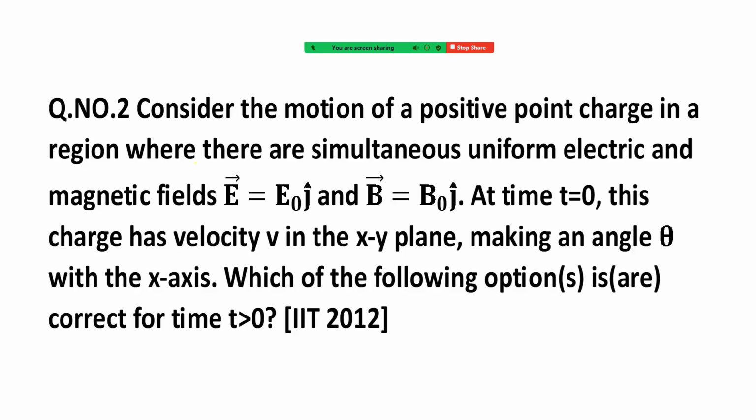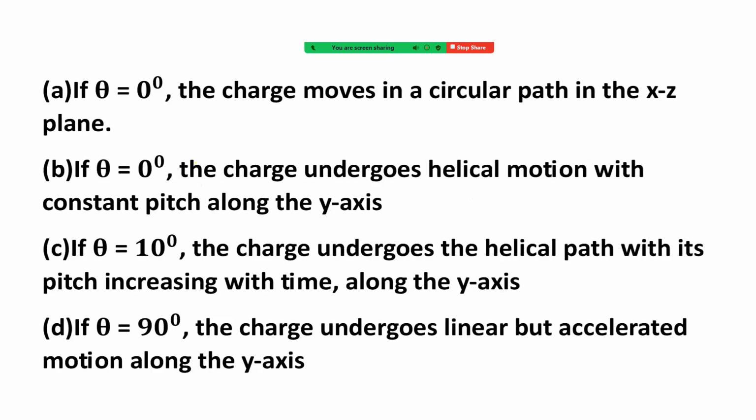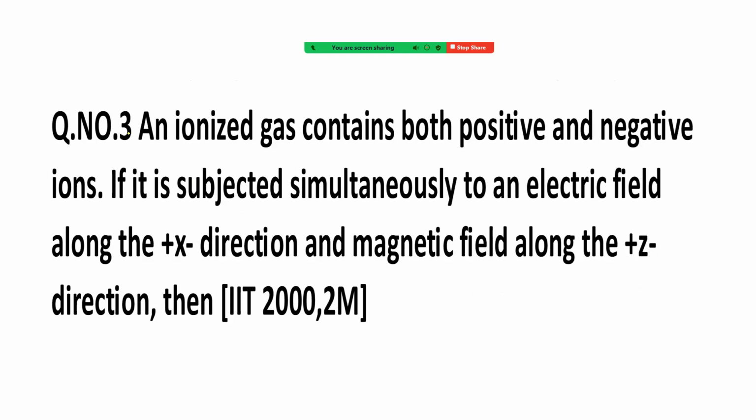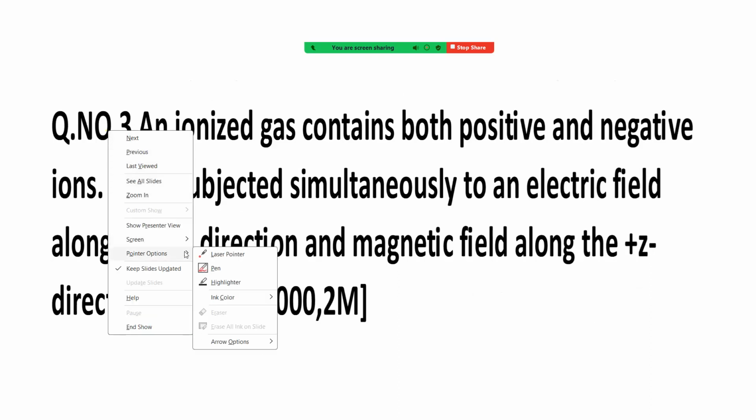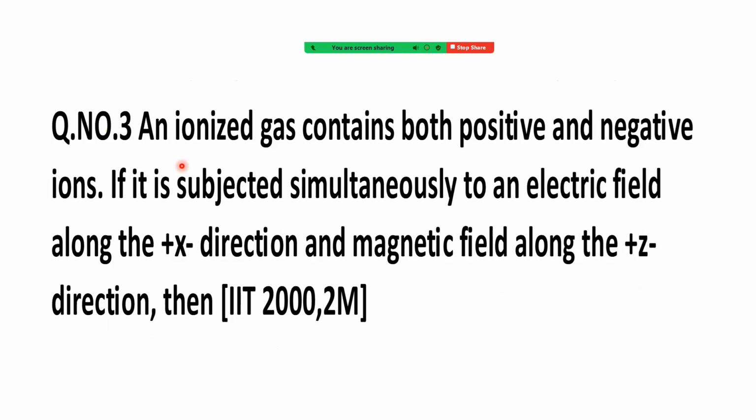Let us see the next one. An ionized gas contains both positive and negative ions.